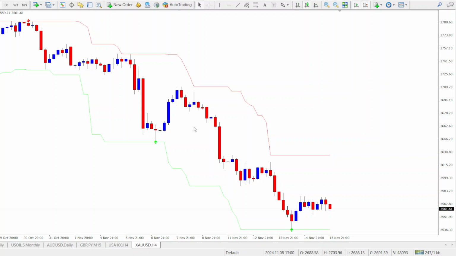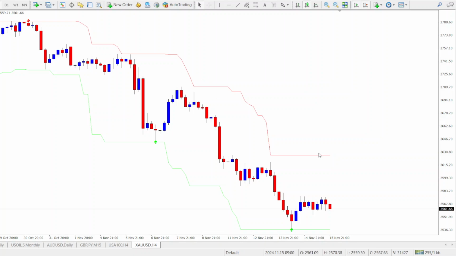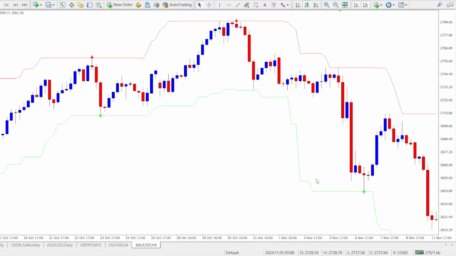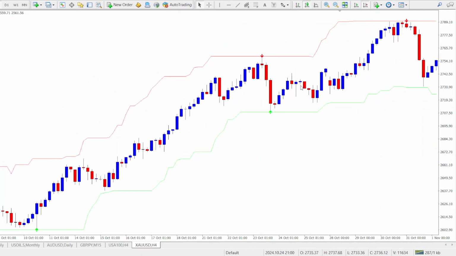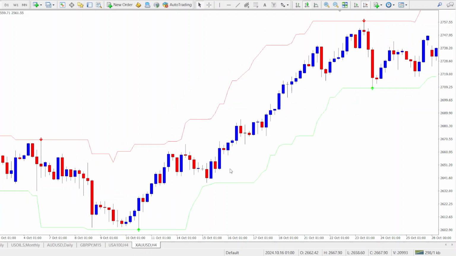Now this indicator automatically draws a channel on your chart. As we can see, it's not a straight line channel per se, but it's still a channel because it shows you a structure, whether it's a bearish structure or a bullish structure. Basically it shows you the structure of the current trend. If it is a bullish trend, you're going to see a channel that shows higher highs and higher lows.